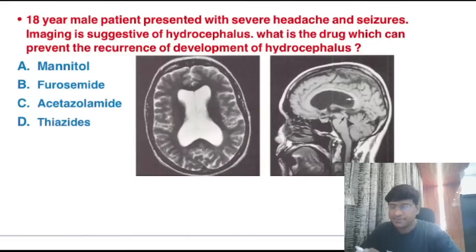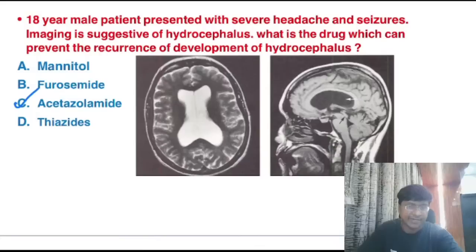The initial treatment has been done, but now the patient attendants are asking you what is the drug which can prevent the recurrence of hydrocephalus? Mannitol, furosemide, acetazolamide, then thiazides. Very good. So that is your acetazolamide.